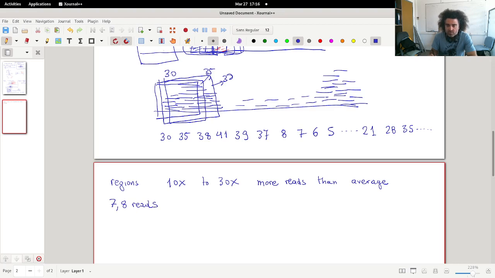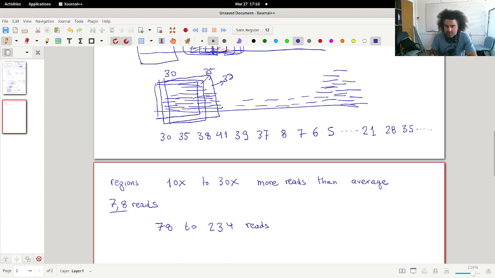then we will consider as interesting reads in the beginning those regions that have 78, 10 times this number, up to 234, if I have not done any mistake here to this multiplication, up to 234 reads.